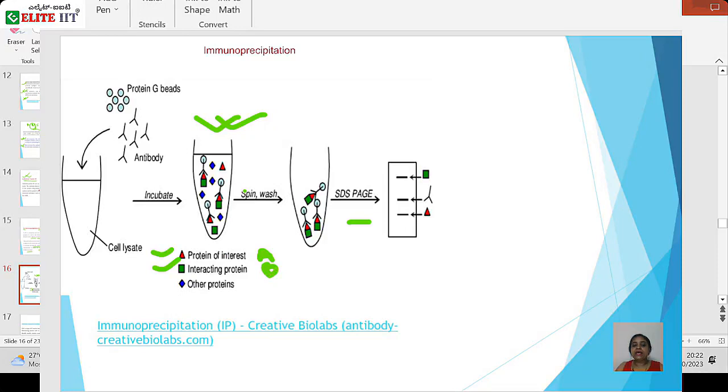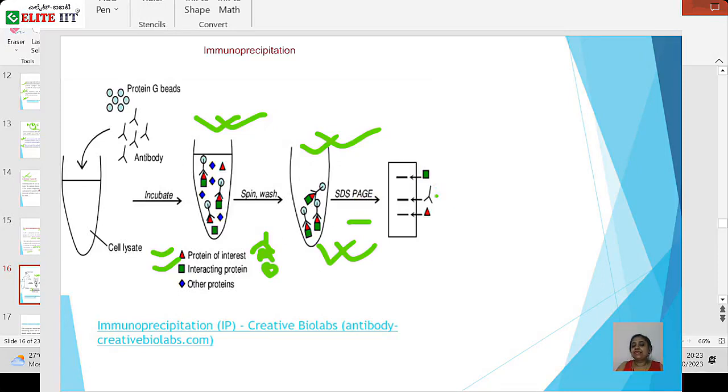You have antibody against A only. So what will happen? A and B both will be precipitated. You precipitate it, spin it, centrifuge it, and all the antigen-antibody complex will be precipitated. Now you do the SDS-PAGE.